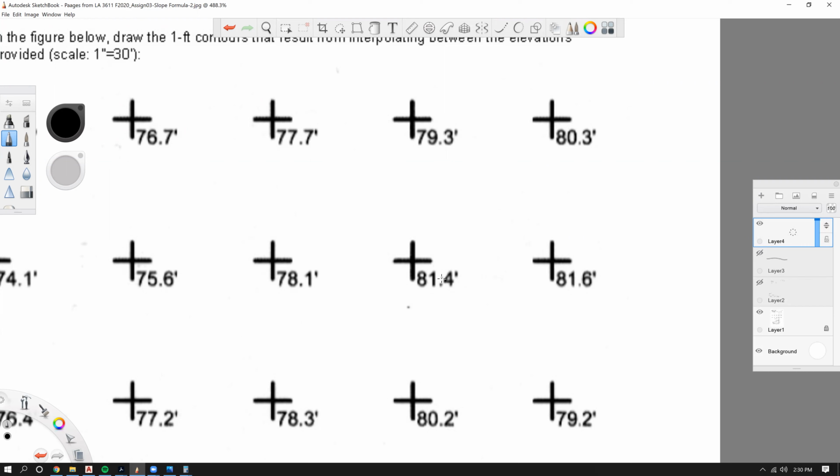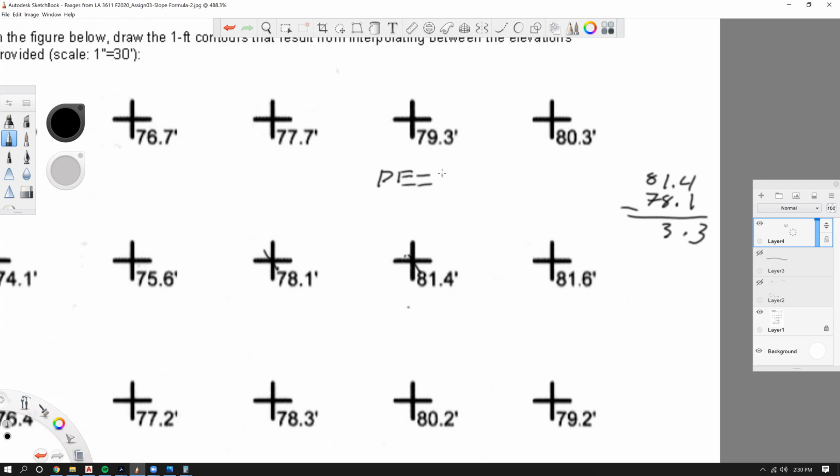So 81.4 minus 78.1 equals 3.3. So your difference in elevation between these 2 points is 3.3.